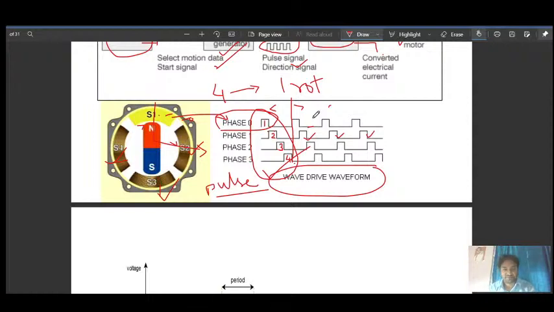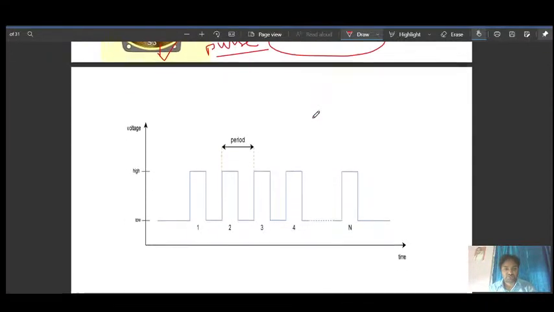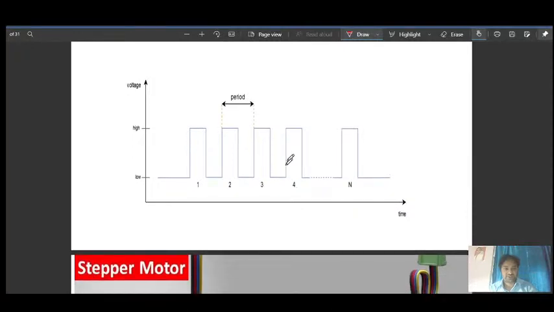This is part of the PLC. When the PLC works, what we get in the controller is the first pulse train and then an absent period. In that we have this high current and then this low current.